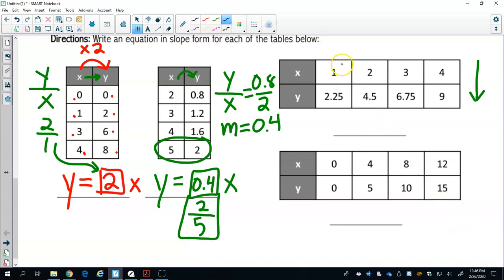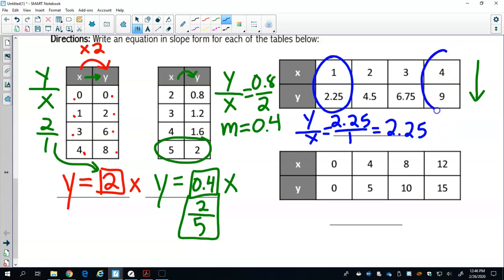So if I take y over x, I'm going to get 2 1/4 divided by 1, which is just 2.25. You could also take this one and do y divided by x, and I could take 9 over 4.